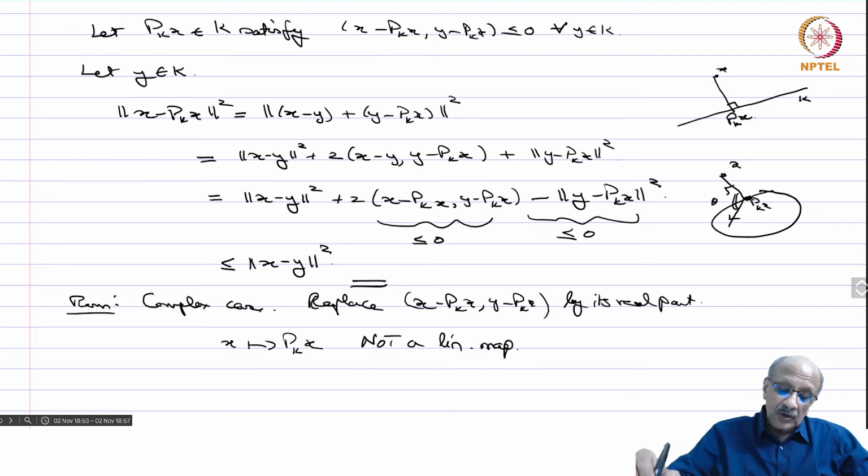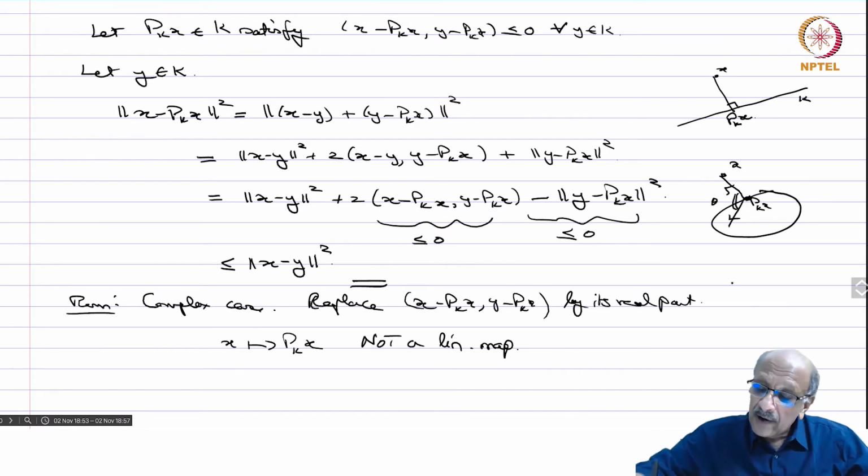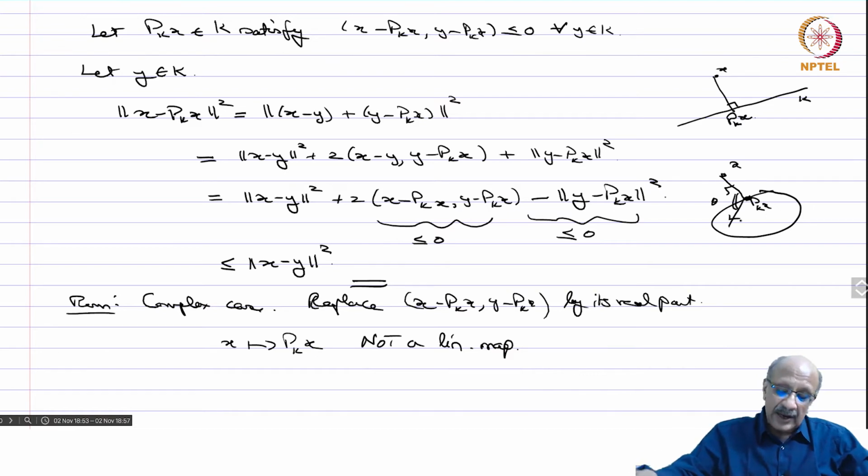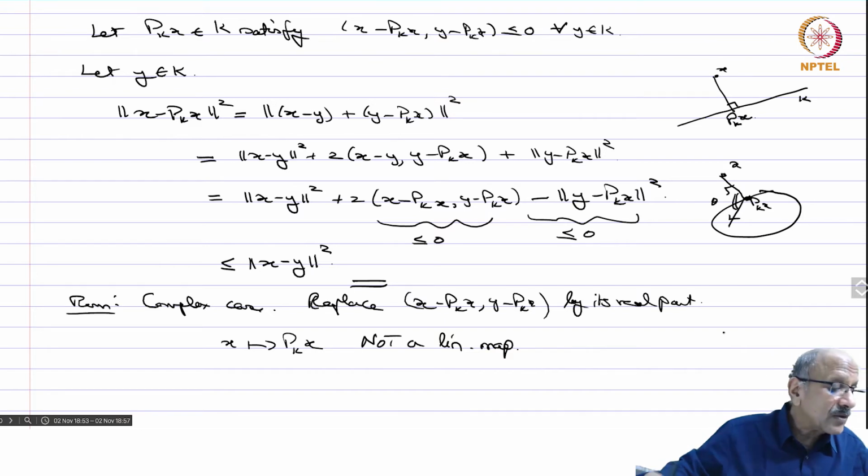Okay, so the geometric condition is that in the plane, the closest point from a closed convex set to x in the 2-norm would be this unique point such that the angle between the two vectors joining P_K x to x and P_K x to any element of K should be an obtuse angle, or a right angle, so the inner product is always less than or equal to 0. Okay, so that is it.